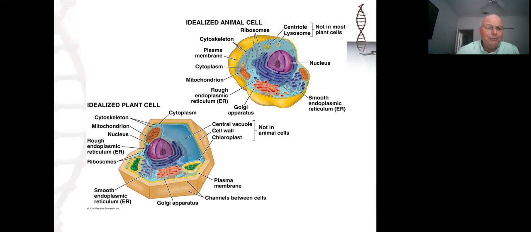And nothing could be further from the truth. It is true that plant cells have chloroplasts specifically, but all eukaryotic cells, and I want to emphasize that, all eukaryotic cells have mitochondria. Very, very important to realize.